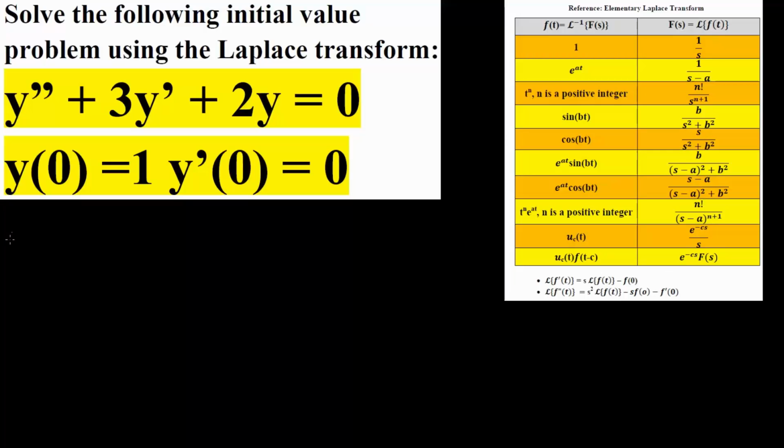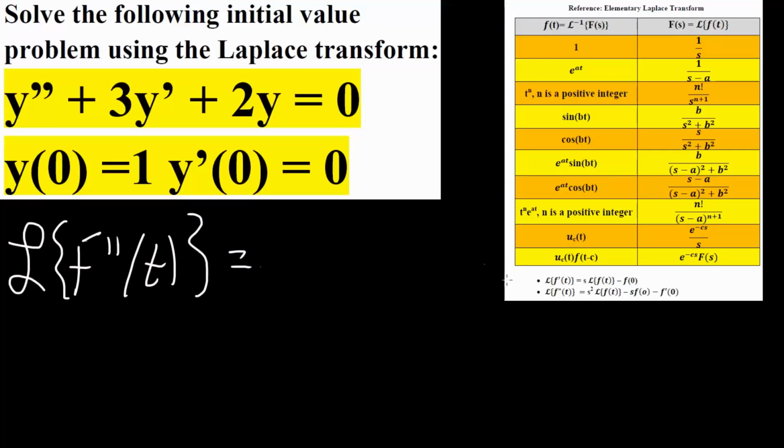So instead we will say the Laplace of f double prime t is equal to s squared times Laplace f(t).